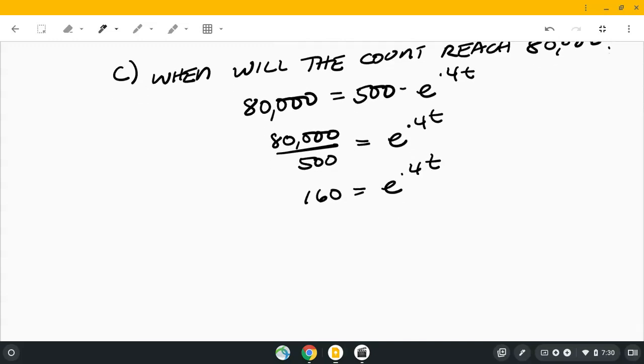Solving an exponential, we take the log of both sides. I notice this is e, so I'm going to go with ln, natural log, instead of common log. That allows these to cancel, so I get 0.4t.